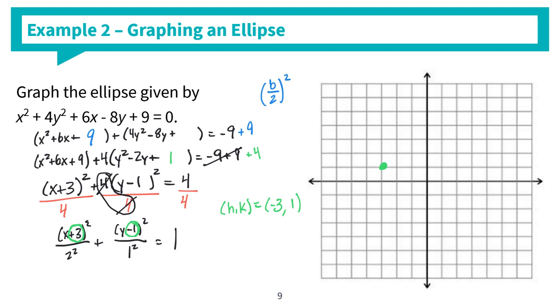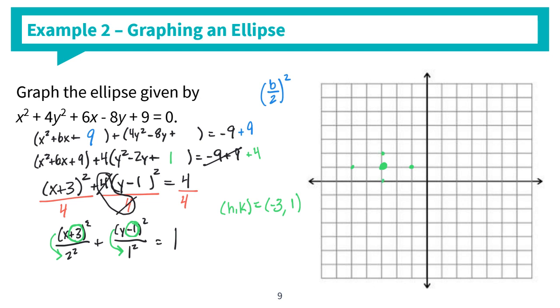Next, I need to find the 2 points horizontally and then vertically. So here in the x direction, so left and right, I'm going to move 2 units from the center. So 2 units to the left and 2 units to the right. And then in my y direction, I'm going to move 1 unit up and 1 unit down.